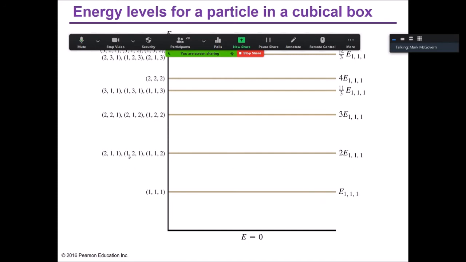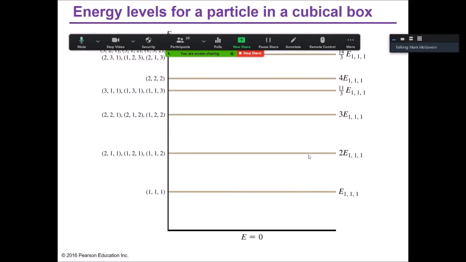But there are 3 states that give that. So there is a degeneracy in the state. There are 3 degenerate states that result in this. If you have 2 of your dimensions be quantum number 2, that results in degeneracy again, because you can pair up any 2 dimensions, x and y, x and z, or z and y. And that results in 3 times the amount of energy.